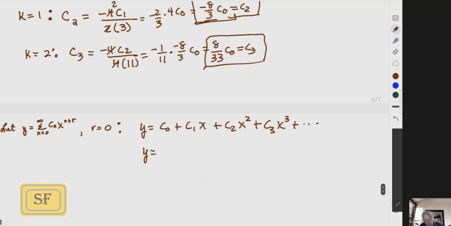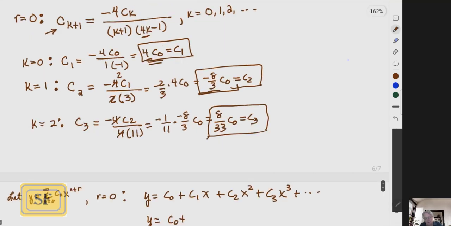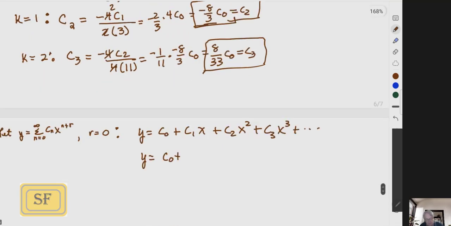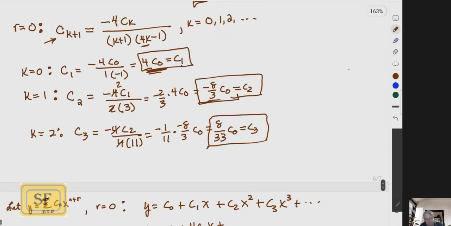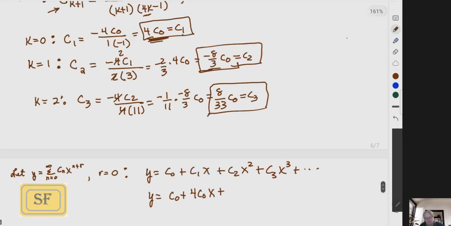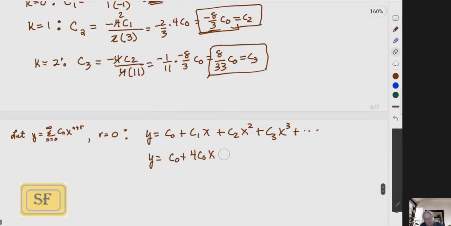In this case, we said c sub 1 is 4c0. C sub 2 is negative 8/3 c0. C sub 3 is 8/33 c0.